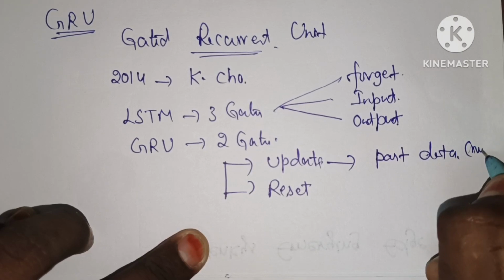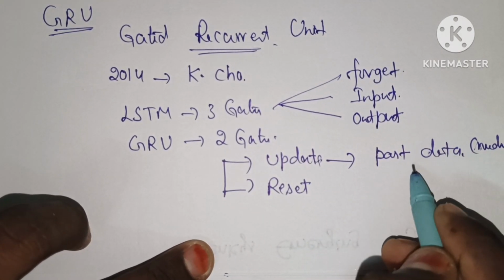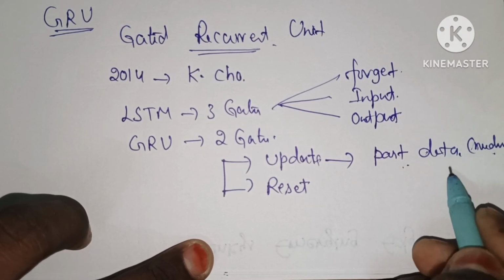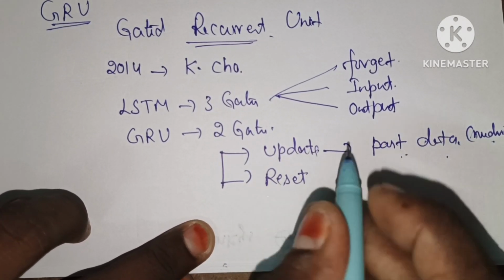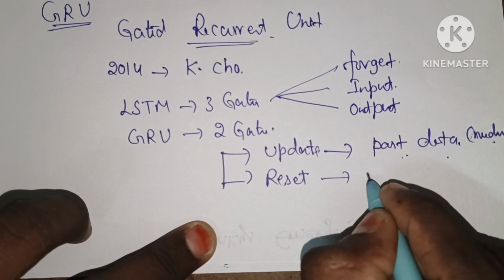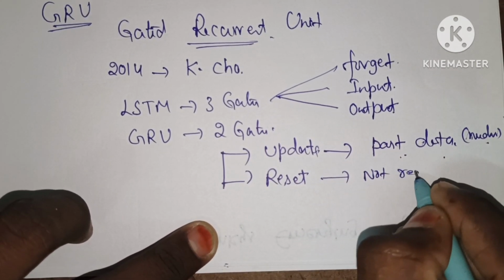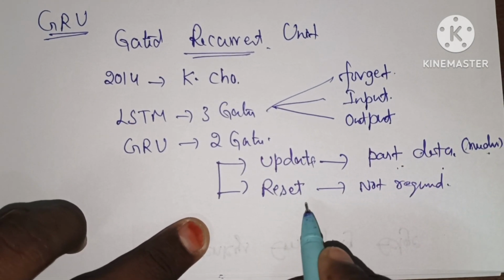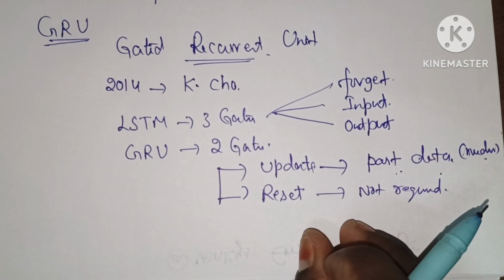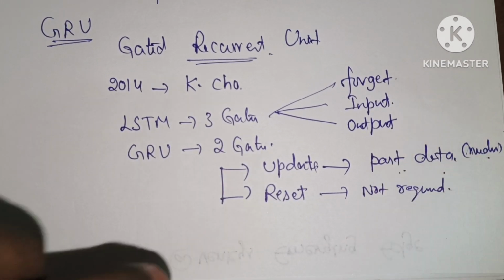Is it clear? We gather the needed information from the past data. But the reset gate decides how much data is not required. The goal of the reset gate is to decide how much of the past information is to be forgotten.